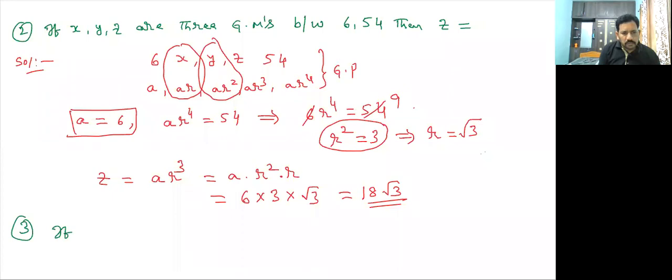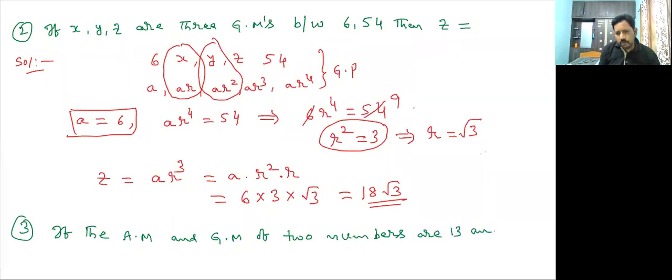If the arithmetic mean AM and GM, means geometric mean, of two numbers are 13 and 12, then the two numbers are, so they are given options.